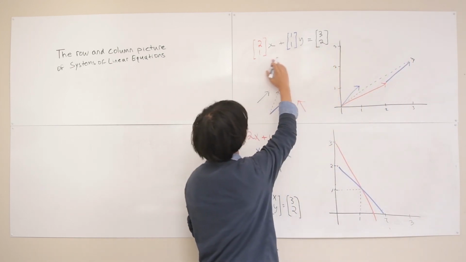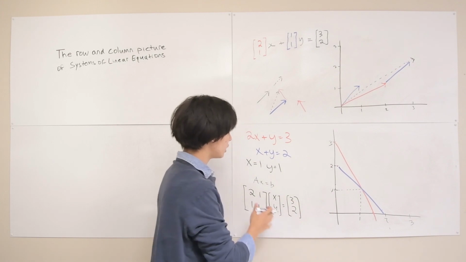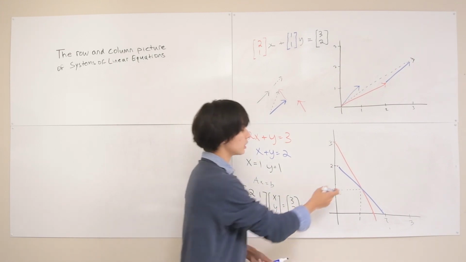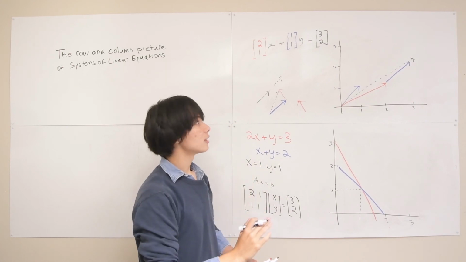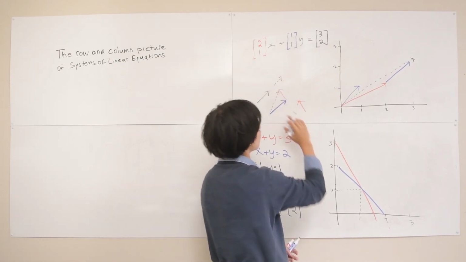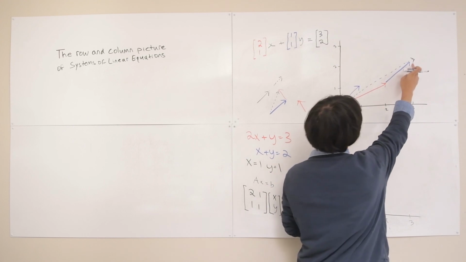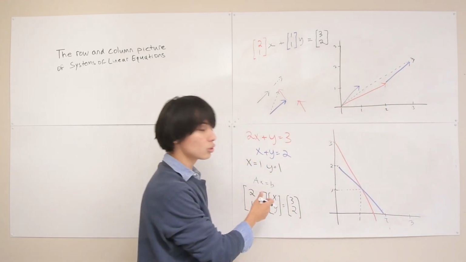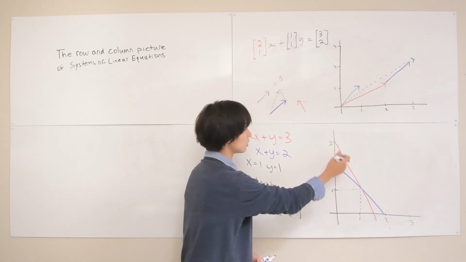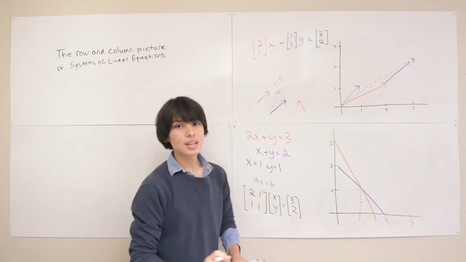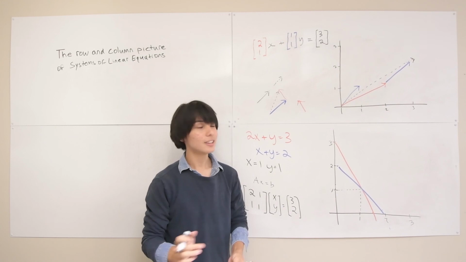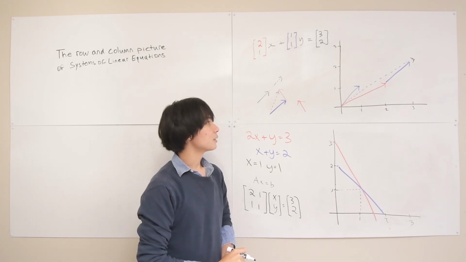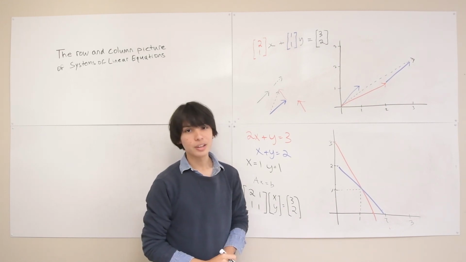So here we're looking for x and y that are scalars, and here we're looking for x and y that represent an intersection between two lines. But they both give you the exact same answer. Here the right answer is x and y, which allow you to get the exact same vector 3, 2, and here the answer is also 1 and 1 because that represents the intersection between two lines. So that's kind of the two ways of viewing geometrically what a system of linear equations is.